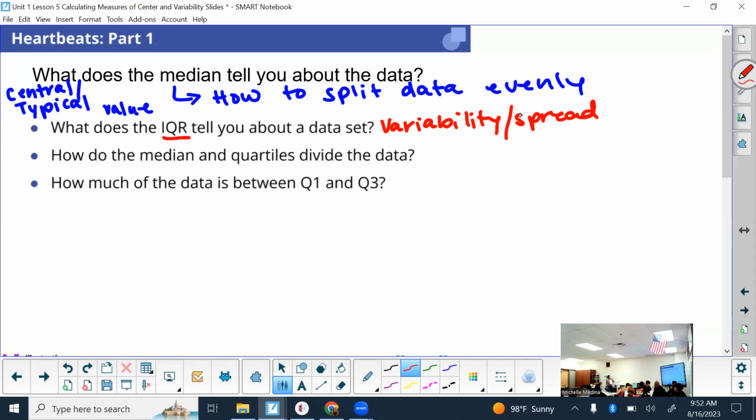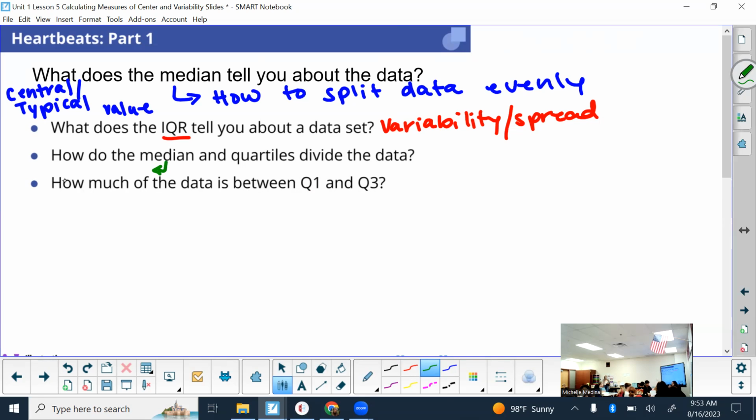Table 4. How do the median and quartiles divide the data? Can you tell me how the median divides the data? So median is similar to average, but it's not. Okay, so try again. Median is my middle number.